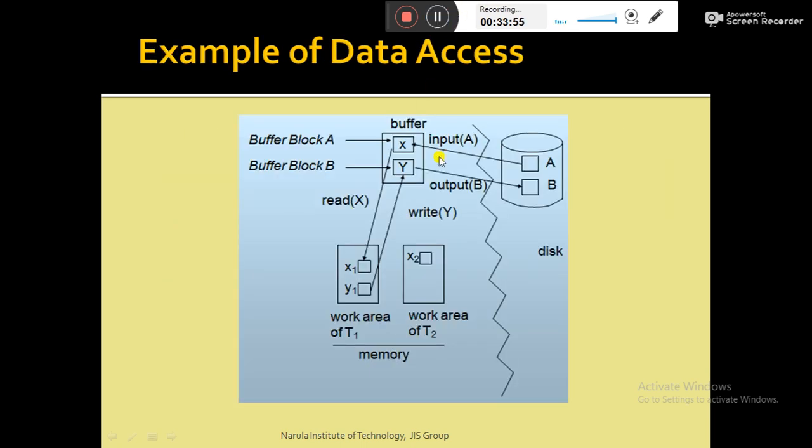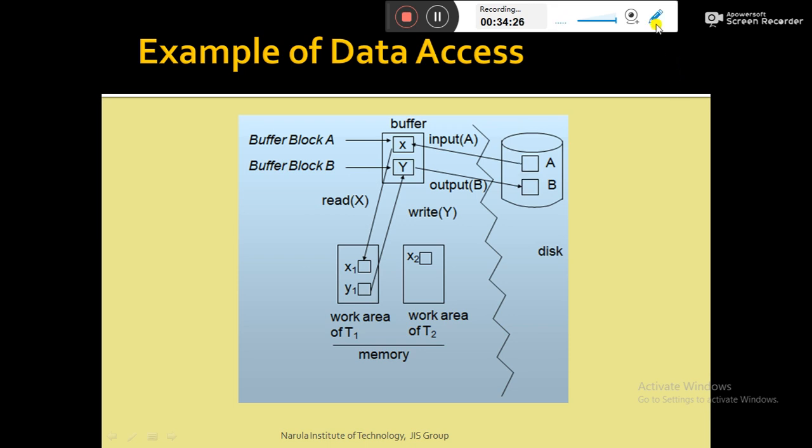Before performing the output operation, before writing the content from the private area to the actual hard disk, we have to write all this information in another stable storage area, for example magnetic tape. Suppose we have to update the content of x1 to a and y1 to b. Before updating the actual hard disk, we have to store the information related to that updation in stable storage.